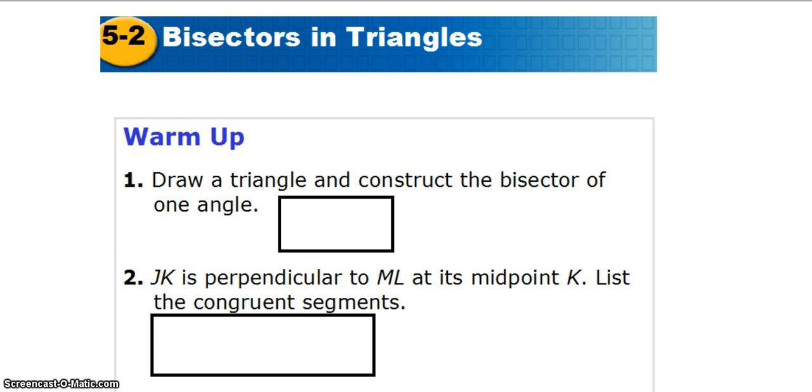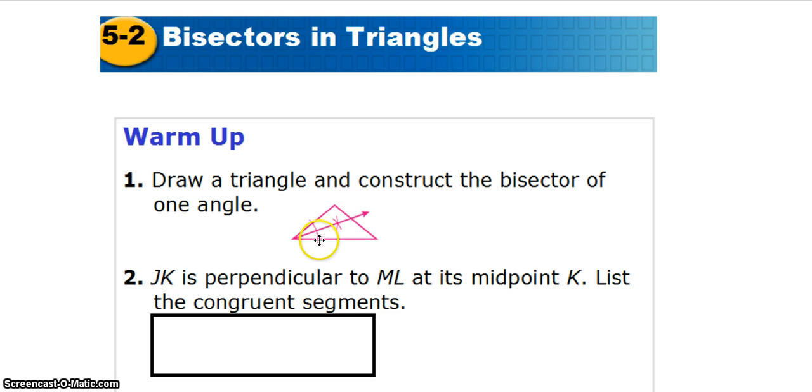Okay, as we showed yesterday, when you're using a compass, you're putting that sharp point down, and you're using the pencil side to form arcs with a given radius. So in example number 1, we have a triangle. From this vertex, the first step is to draw an arc which intersects the two adjacent legs.